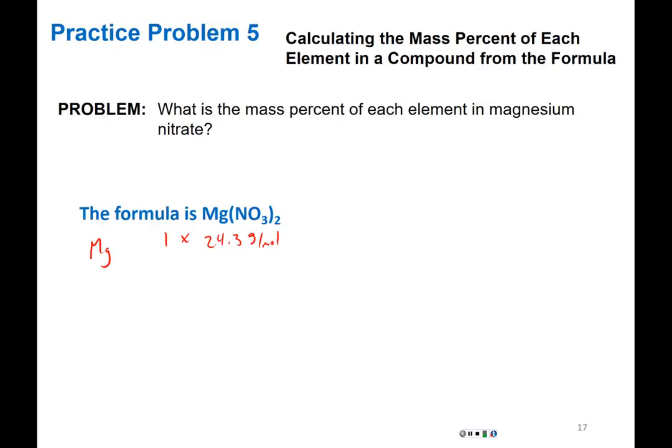That's from the periodic table. Right? And then we divide by the molecular weight. All right. And so let's calculate the molecular weight up here. Magnesium is 24.3 grams. Nitrogen is 14, but we have 2 of them.